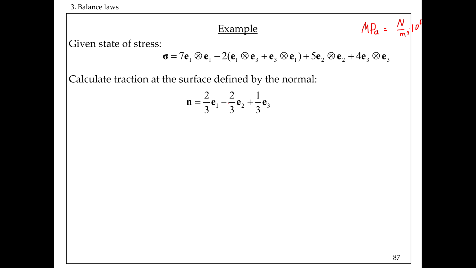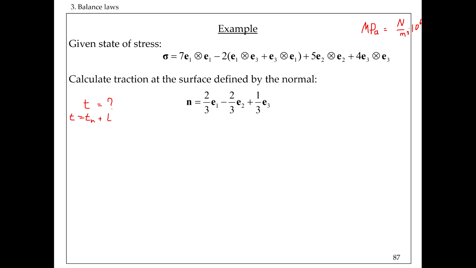So we're going to calculate the traction. Basically the question is what is T, but more precisely, what is the normal component, because T can be split into normal and tangent components, right?